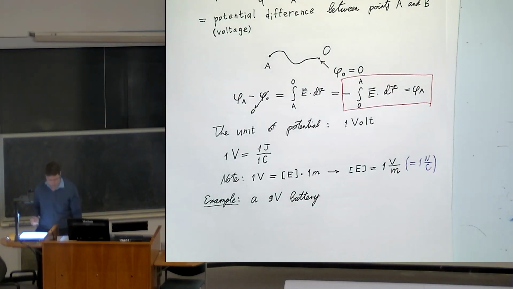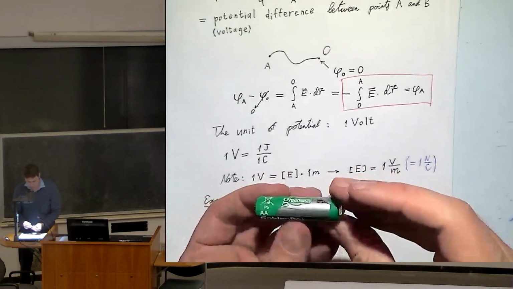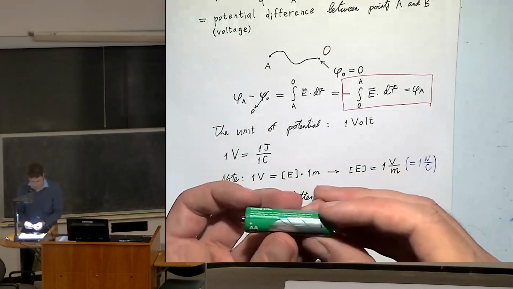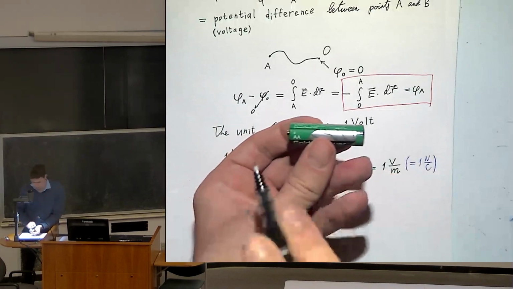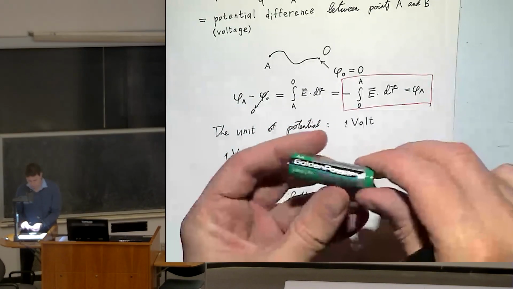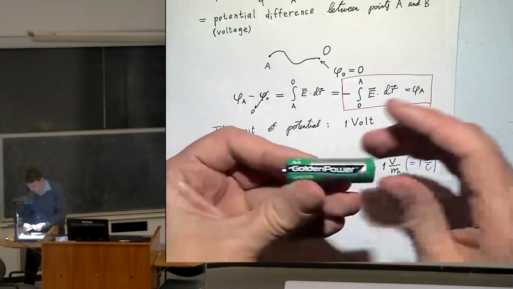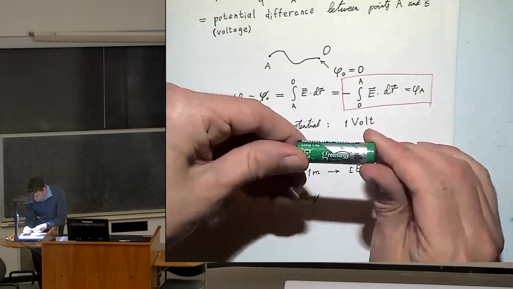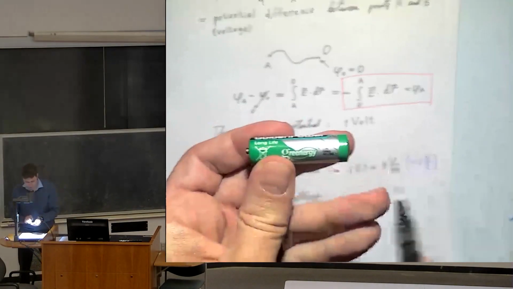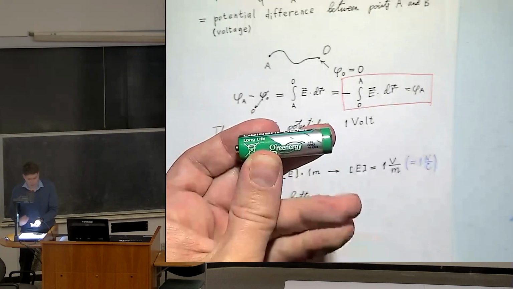So, a 9 volt battery. The same statement could be made about other batteries. All of them have got 2 terminals, plus and minus. This is from where and to where the charge is moved respectively, and this one is 1.5 volts as it says here.